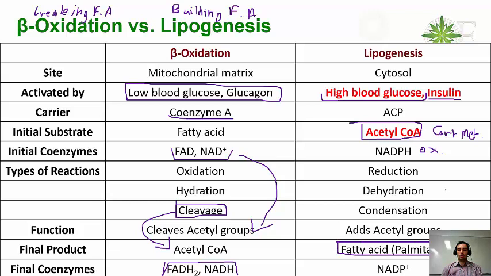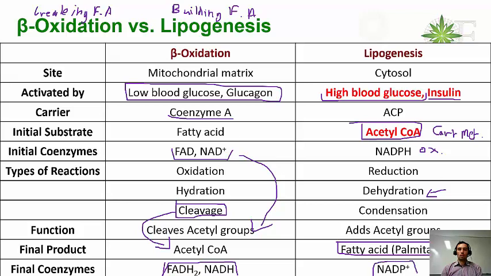So the other steps, we need to undergo dehydration, where we're removing our water, and also a condensation, where we're combining the acetyl ACP and the malonyl ACP. And you're also left with this oxidized coenzyme at the end here.